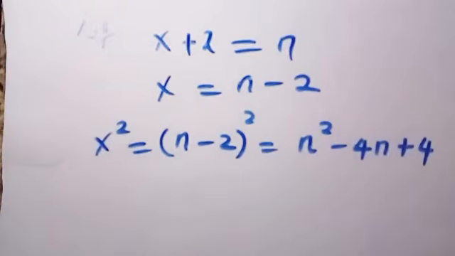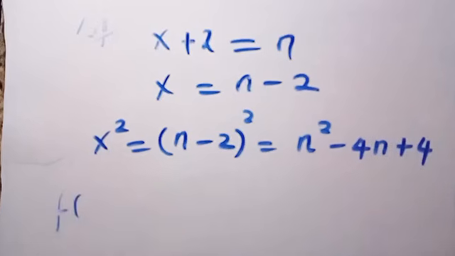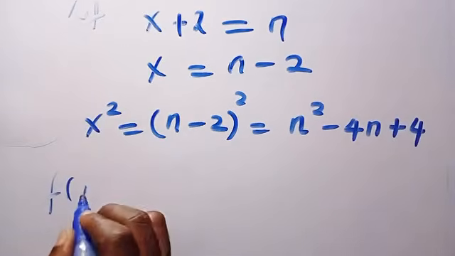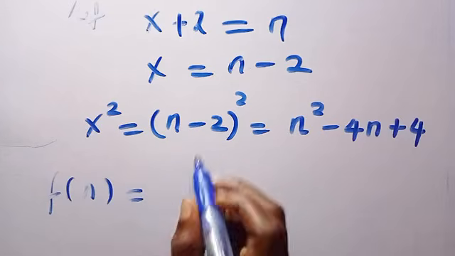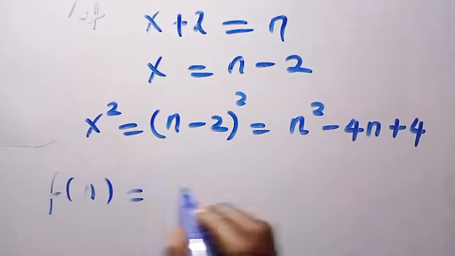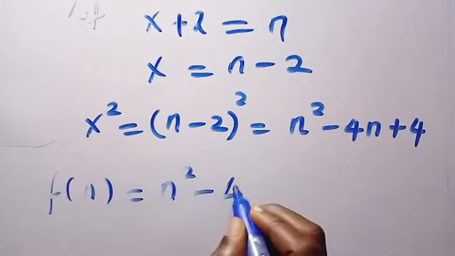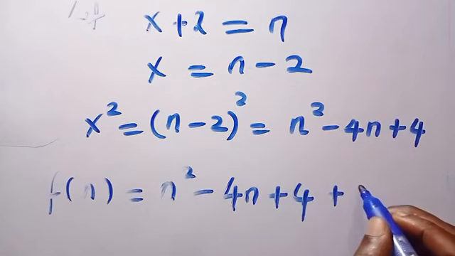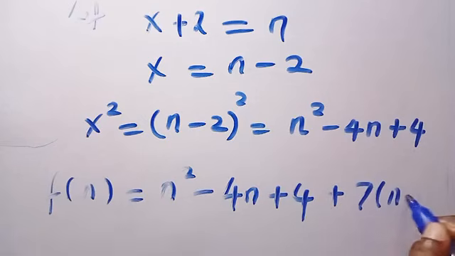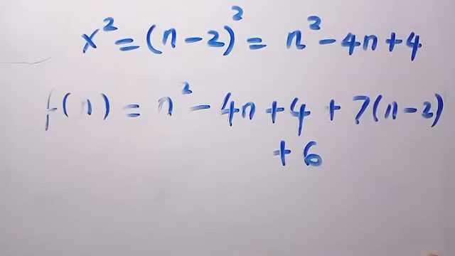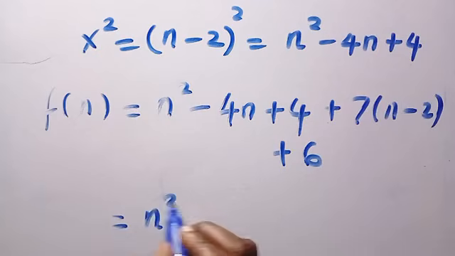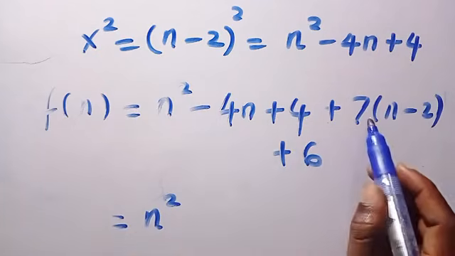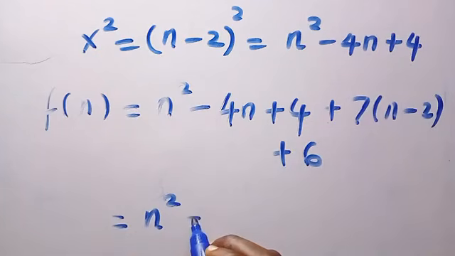And again, we have n already. So let's come back to the question, which is f of x plus 2. We change that to f of n equals, instead of x squared, we have n squared minus 4n plus 4. And also 7x becomes 7 into bracket of n minus 2, then plus 6. On getting this, we have n squared minus 4n plus 4 plus 7n minus 14 plus 6. That gives us plus 3n.